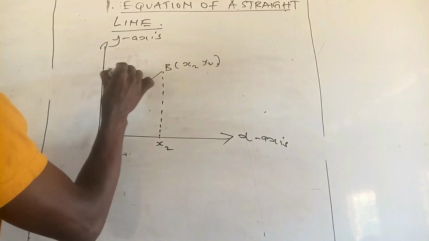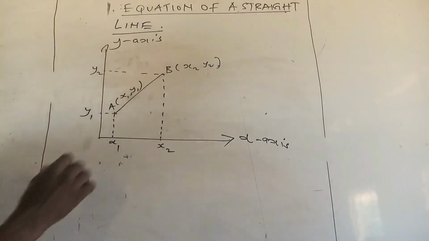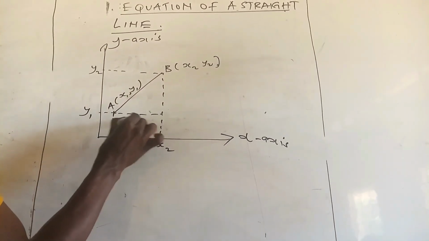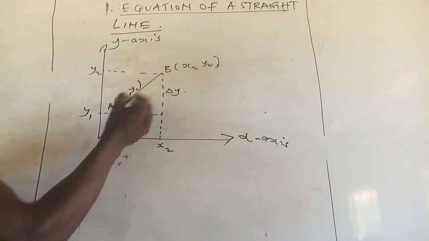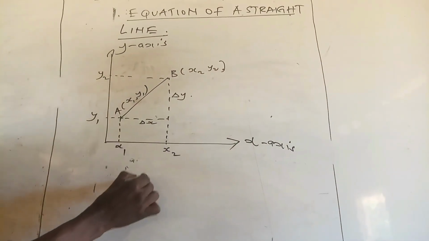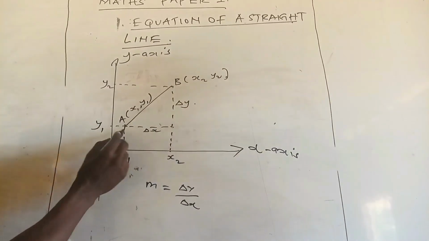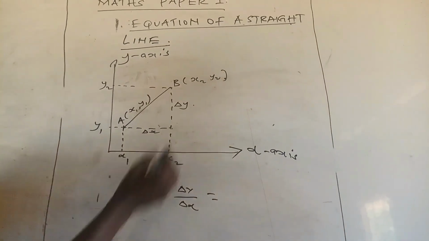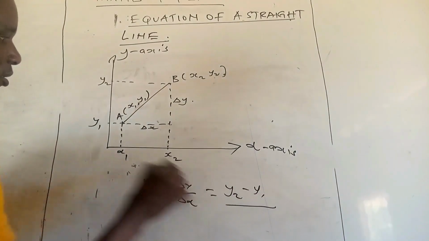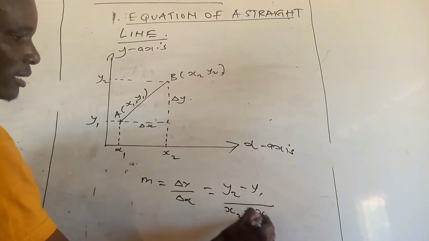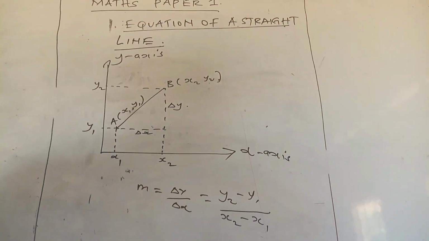Then the value of y at B is y2, and the value of y at A is y1. So you can see this change in x, and this one will be our change in y. So the gradient will be given by m is equal to change in y over change in x, which is y2 minus y1 all over x2 minus x1. And that's how we normally find the gradient of a line.